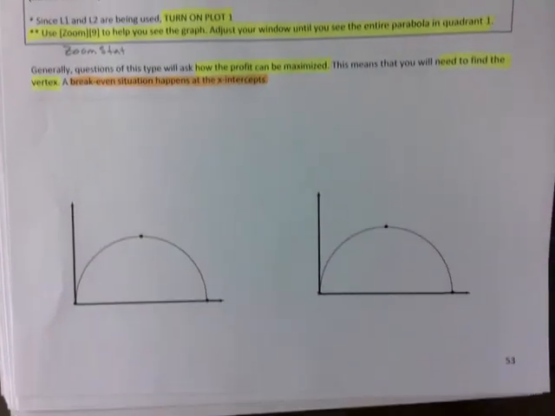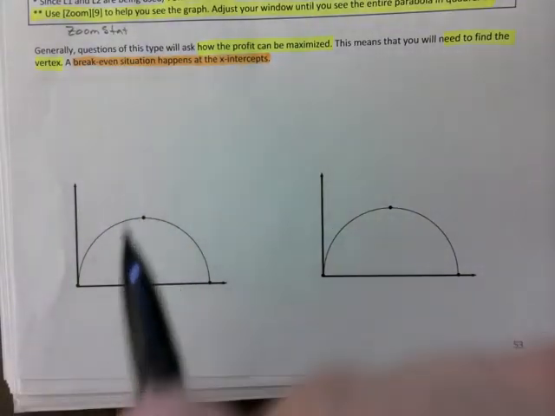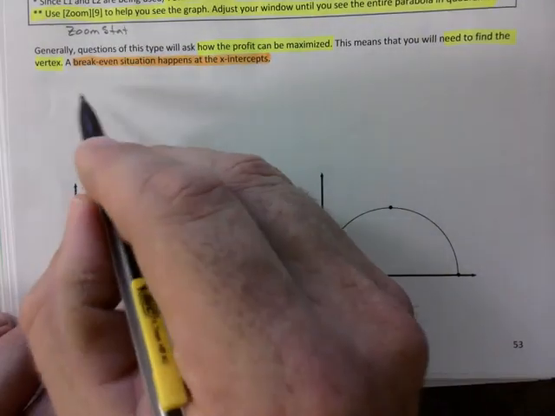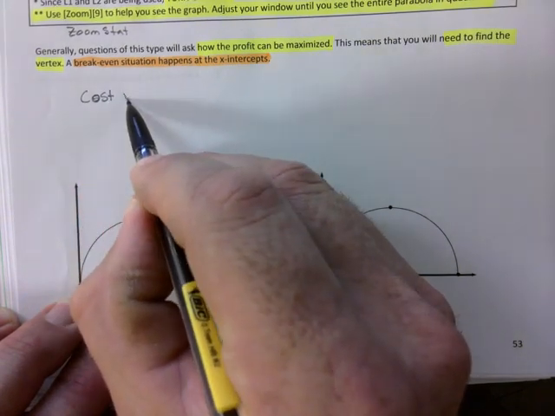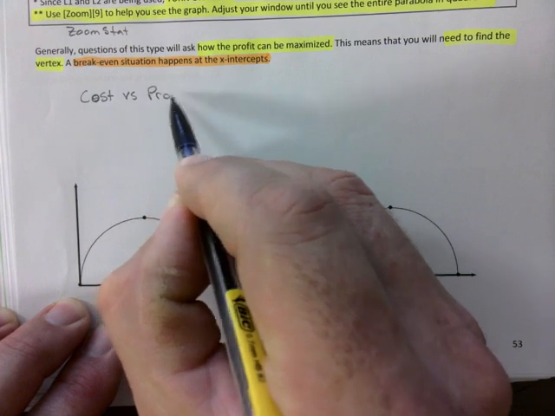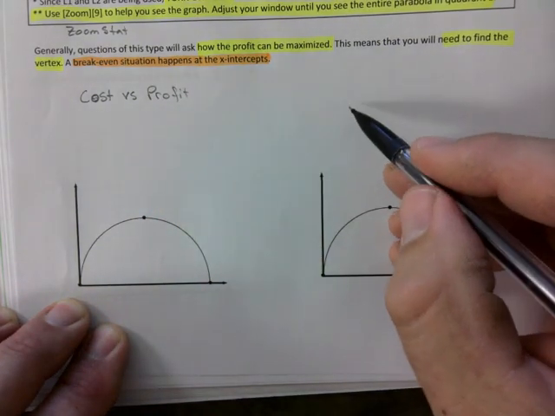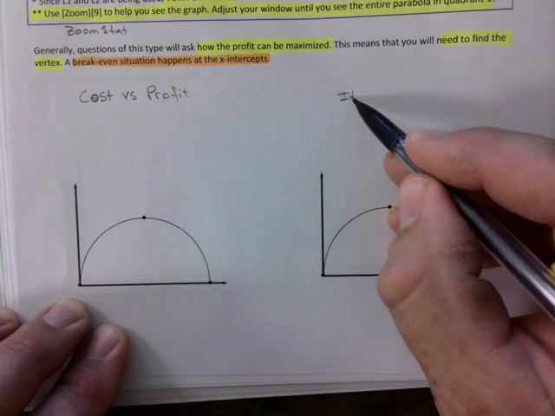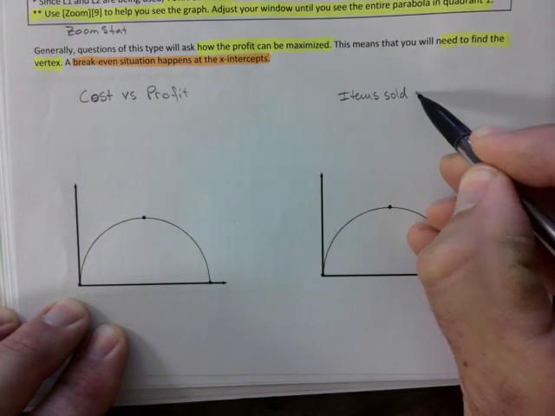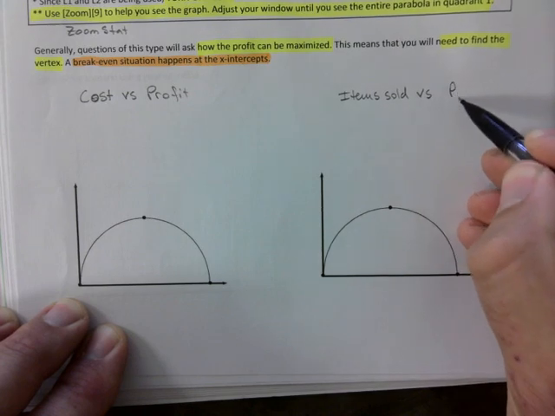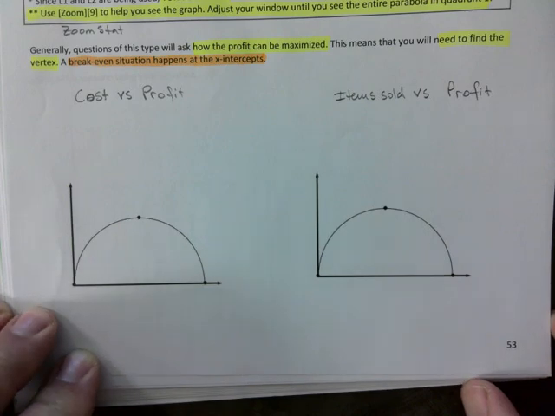So why do I have two graphs here? This graph would be if you compared cost versus profit. And this graph is the items sold versus profit. So it will be a little different, right?